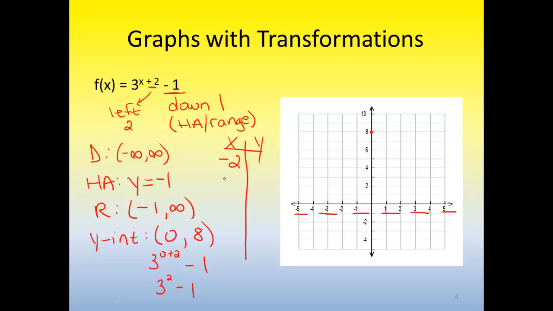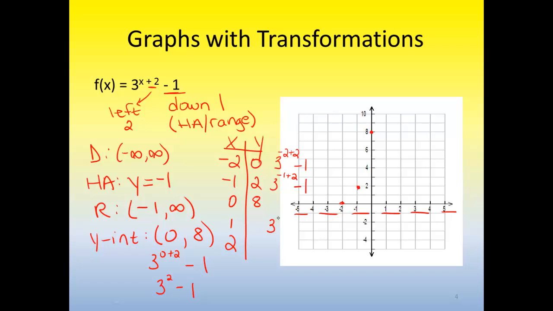If I do negative 2, negative 1, 0, 1, 2, plugging in negative 2, I get 3 to the negative 2 plus 2. So I get 3 to the 0, which is 1, minus 1 is 0. 3 to the negative 1 plus 2, well, that becomes 3 to the first, which is 3, minus 1 is 2. 3 to the 0, we already did, is 8.